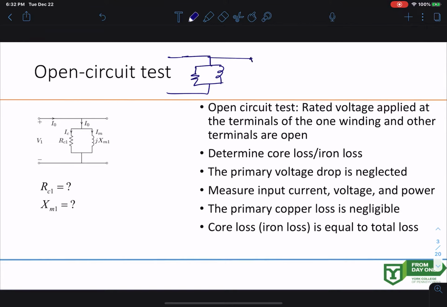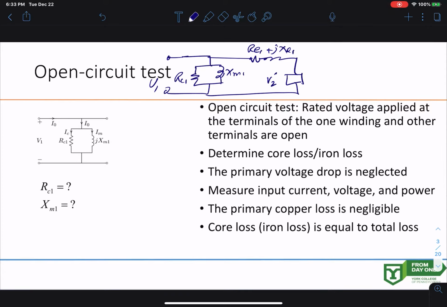Then you have V2 prime, this is your R equivalent 1 plus jXe1 here, and this is your core jXM1 and then RC1, the core resistance, and this is your V1, right? So now, our goal is to find all those resistances and inductances in the transformer.